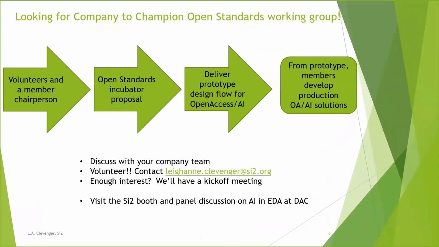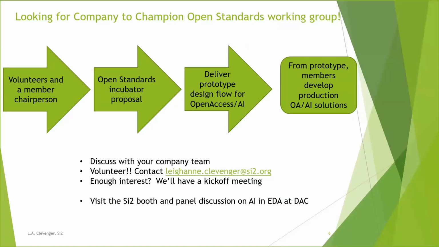The SI2 model that Jerry had described, one good example is the low power working group, also the OA XPOP working group, the OA Script group, is to have a member chair and volunteers working together.